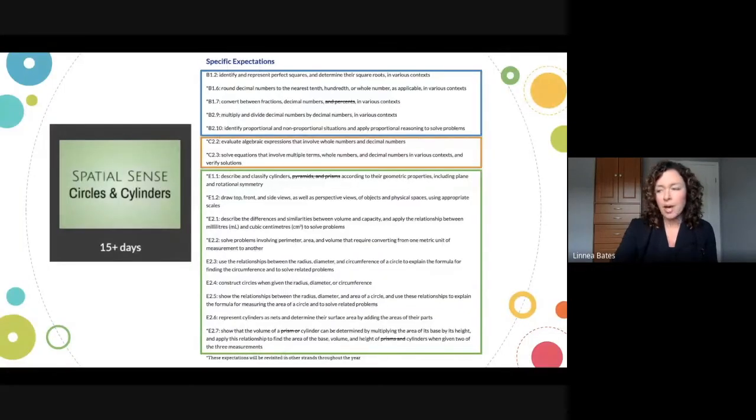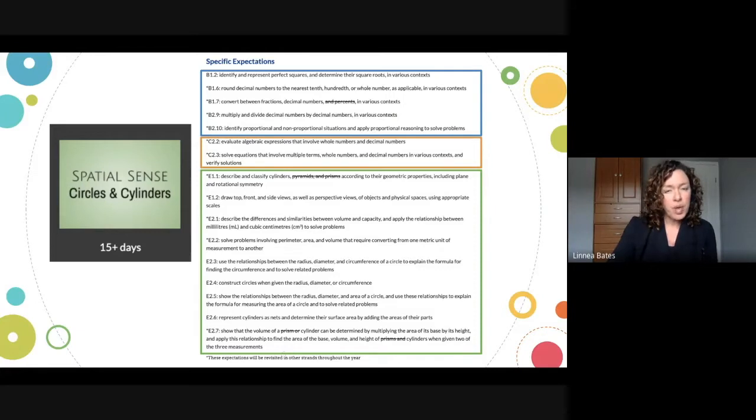So when we look at this, it looks like a lot of expectations. This is just a screenshot from the long range plans of the cluster of expectations that we would be looking at, and this is the grade 7 cluster of expectations. You'll notice that we did a bit of color coding here. The blue box goes around any number expectations that we'll be looking at in this particular unit.